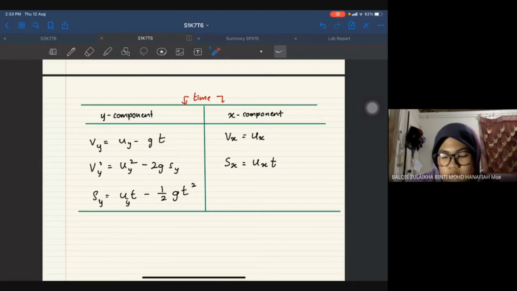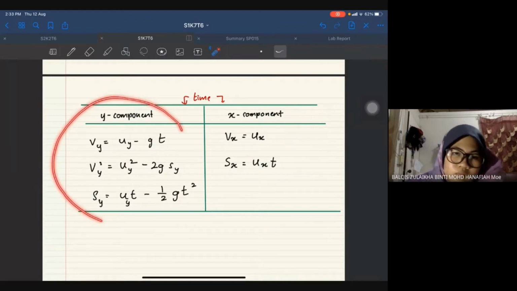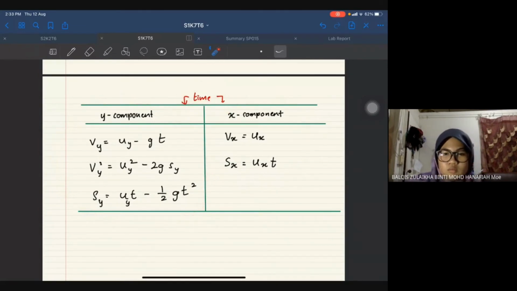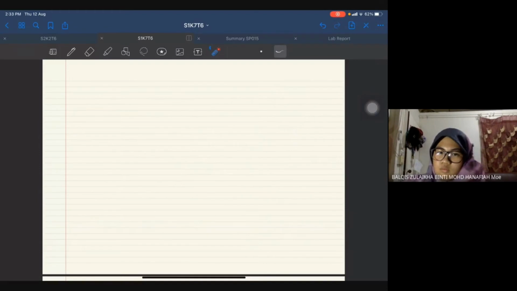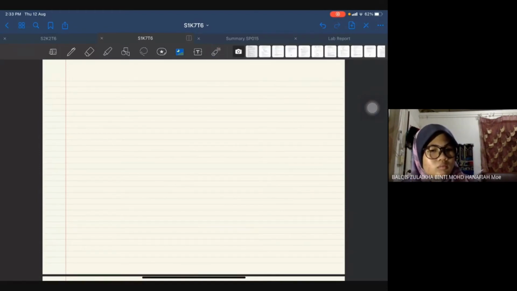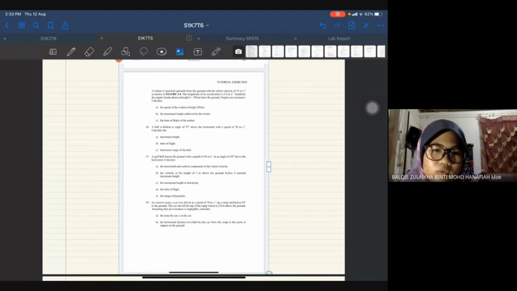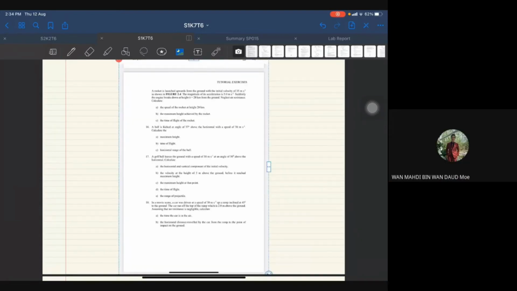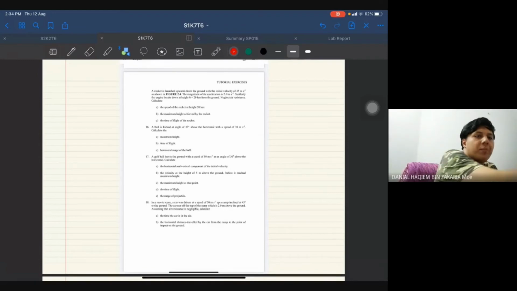So biasanya soalan dia akan paksa kamu pakai this part first. Okay. And somehow you can find the time and then you can relate with this part. Understand or not? Yes, okay? Okay, sir.